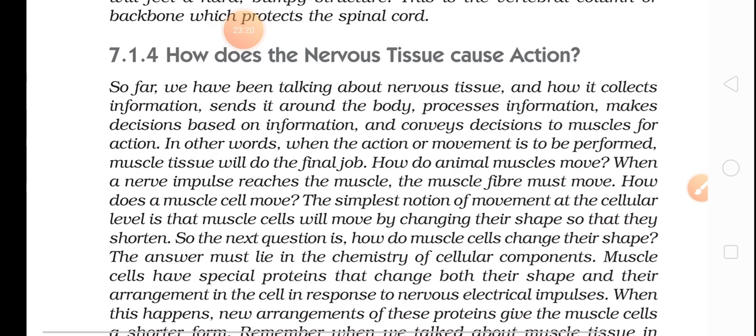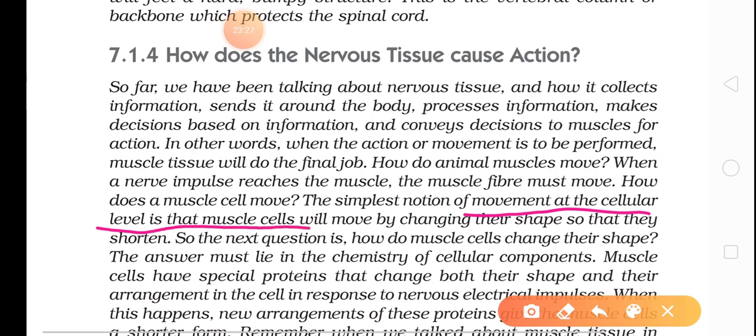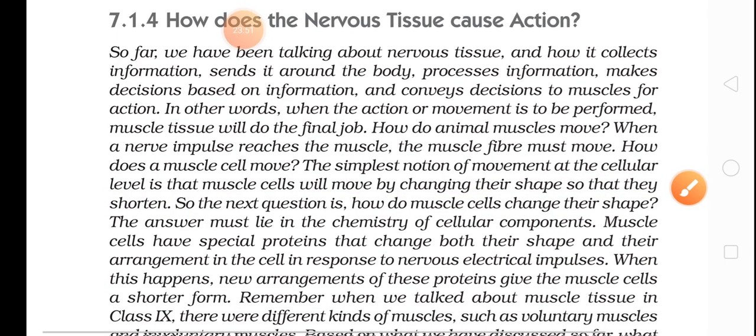The simplest notion of movement at the cellular level is that muscle cells move by changing their shape so that they shorten. So when the muscle cell gets the information, it will change its shape and shorten. The next question is, how do muscle cells change their shape? How exactly is it changing its shape?